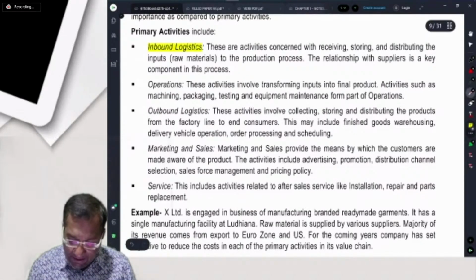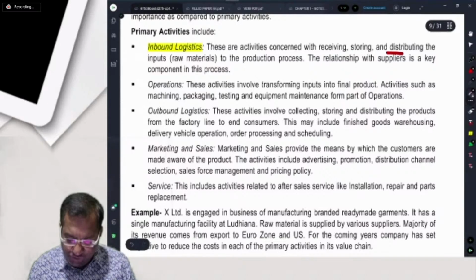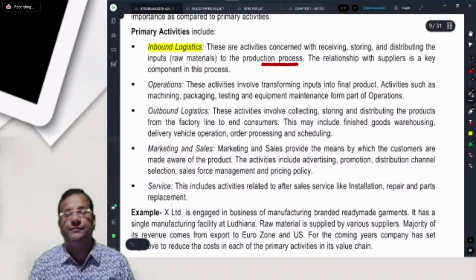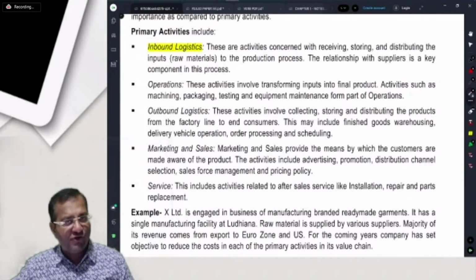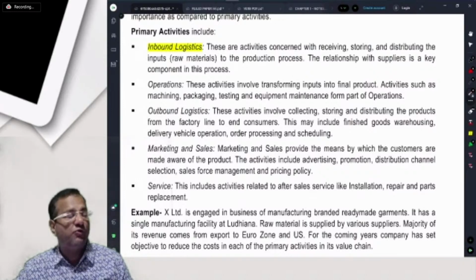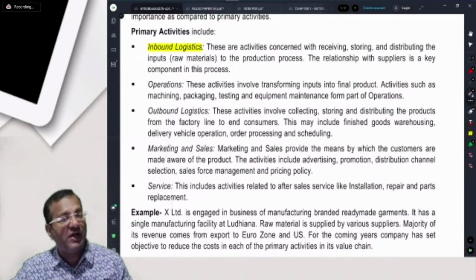What do you mean by inbound logistic? These are the activities concerned with receiving, storing, and distributing the input to the production process. If you want to score higher marks, beta, then technical words are very, very important, and especially technical words should be in a sequence.